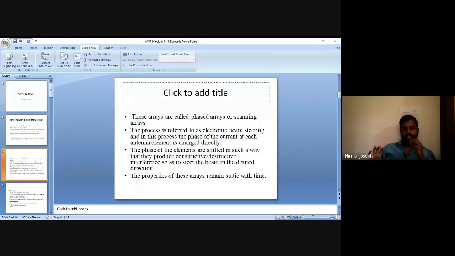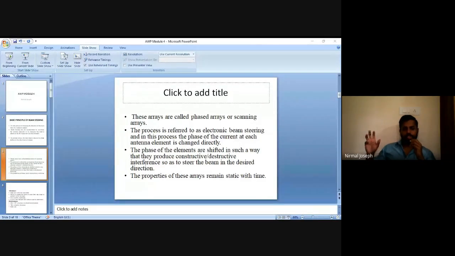And here in an antenna array, we are supplying all the elements with some relative phase difference. So what can we expect? We can expect some constructive interference and some destructive interference. We will see in which directions the constructive interference takes place and in which directions the destructive interference takes place.